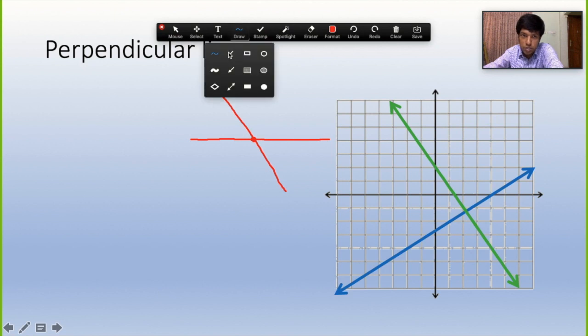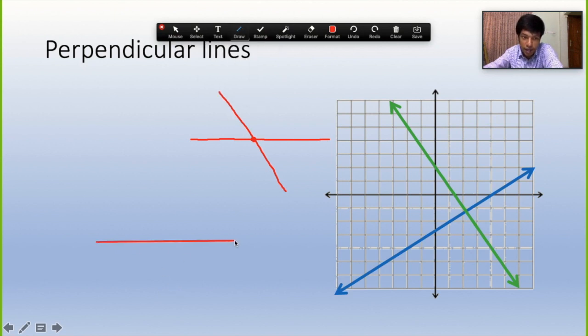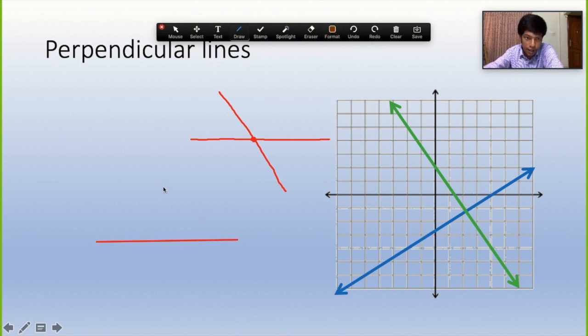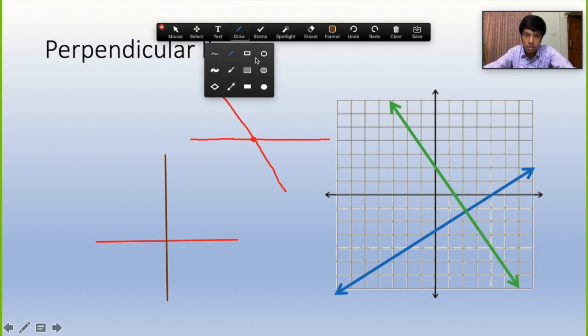But these two lines can intersect in another way also. Suppose this is a line, and another line is coming in such a way that when they intersect, they make a 90-degree angle here.